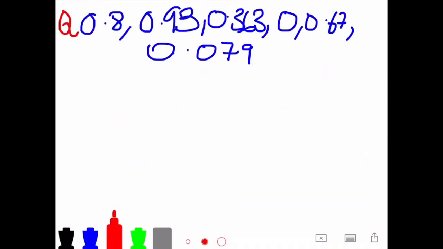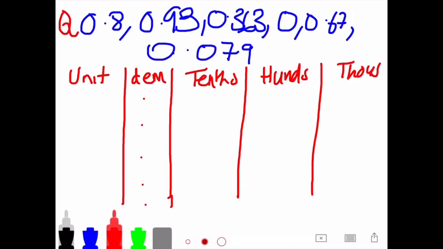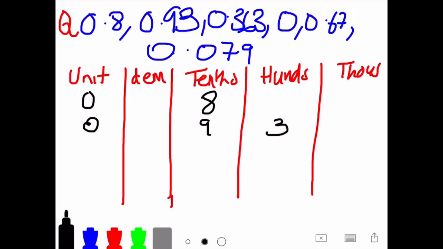Moving on to the second question, we're going to move on to the tenths, units, hundreds, and thousands, etc. So we're going to start out drawing out the diagrams, the tens, the units, the hundreds, the thousands. Filling it in, 0.8, 0.93. Next one, 0.363.